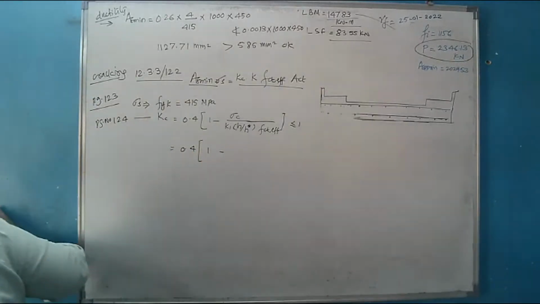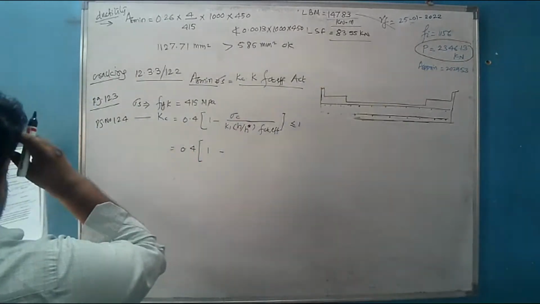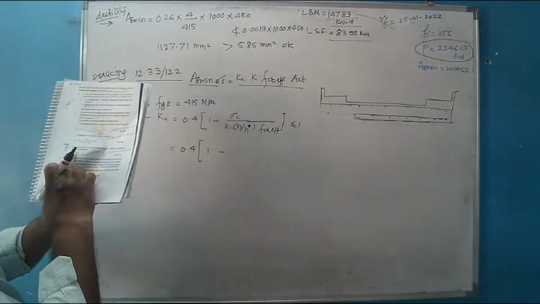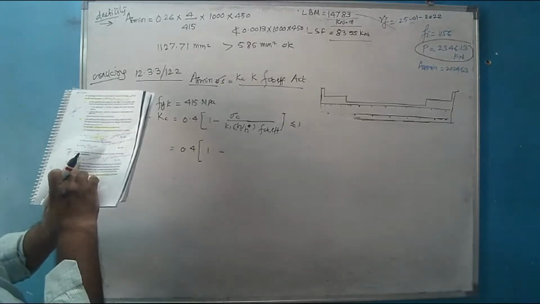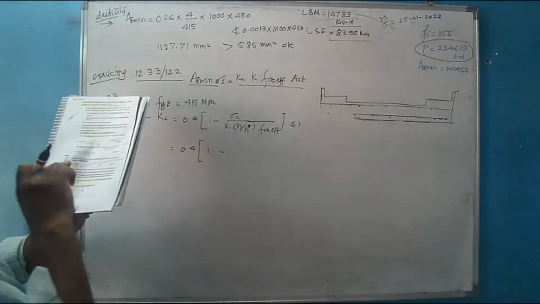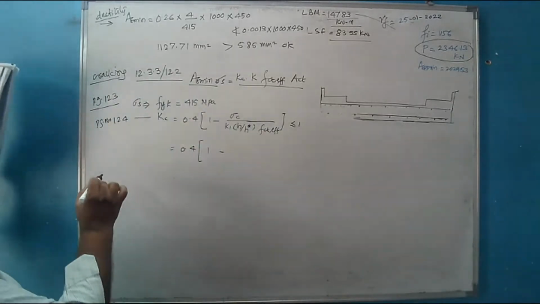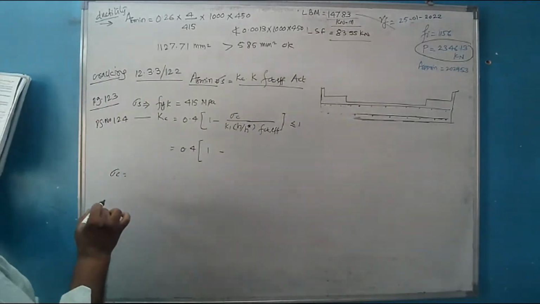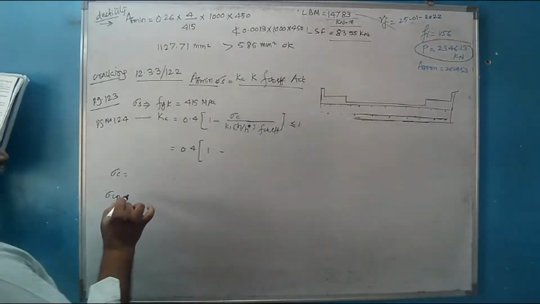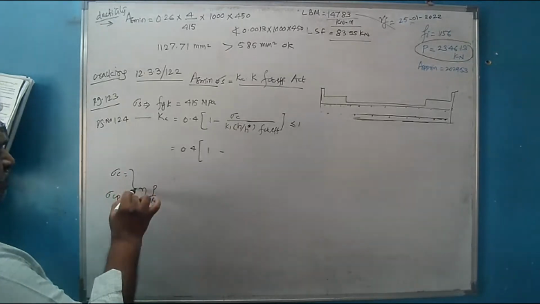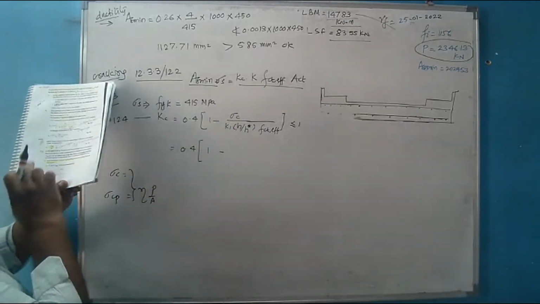What is sigma c? Sigma c is defined here on page number 124. It is NEd divided by bh, where h is the overall depth. NEd is nothing but the axial compressive force. So it means that sigma c is the same as the sigma cp we determined earlier, if you remember, what did we take? It is nothing but P by A. So it is the same thing here.